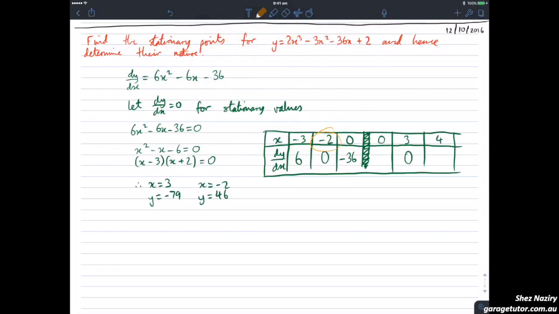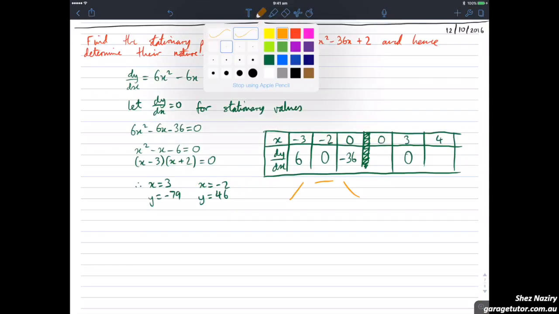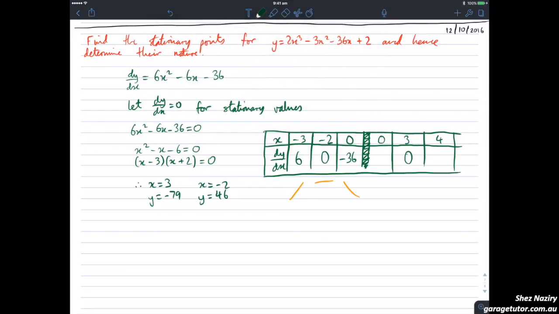At negative 2, we have a positive, a 0, a negative. So didn't I say that's going to be a max? Wait. Sorry, wrong one. Didn't I say that's going to be a max? Yes, I did. Now let's try it with the other one. So we already tested 0. 0 is negative 36.